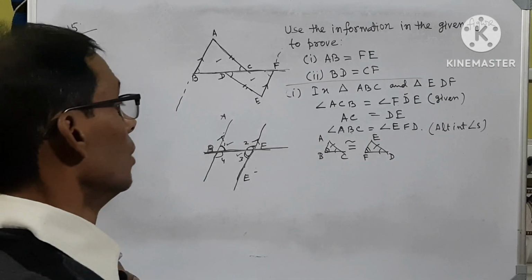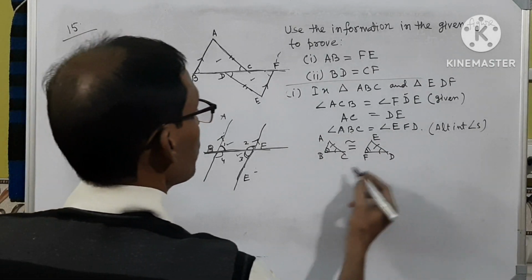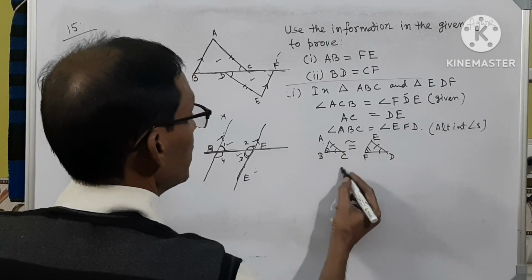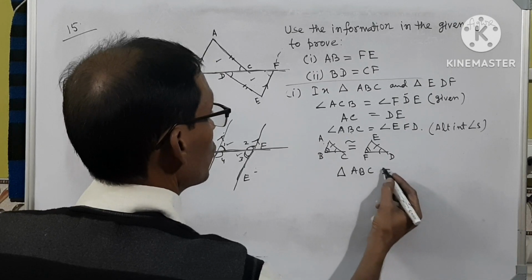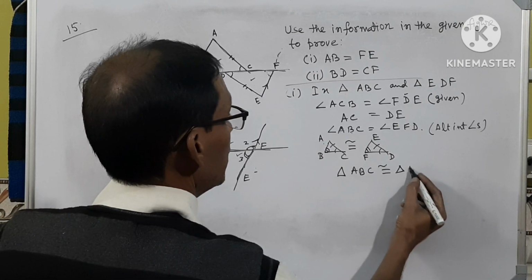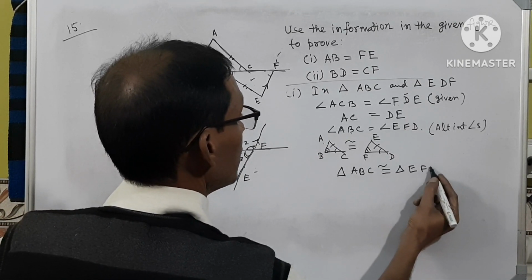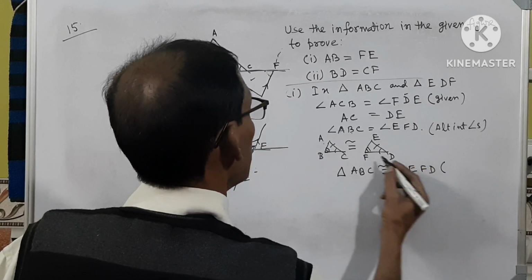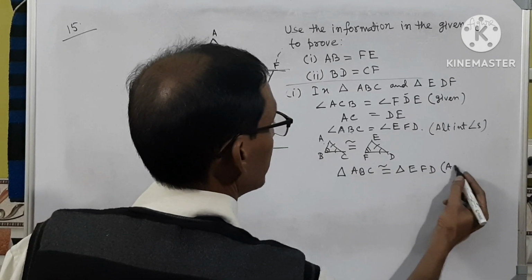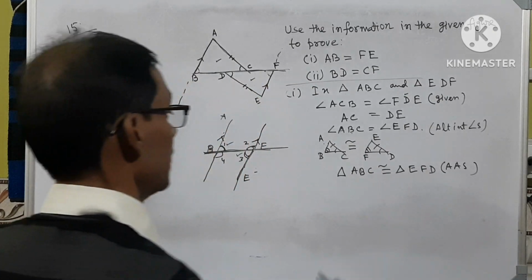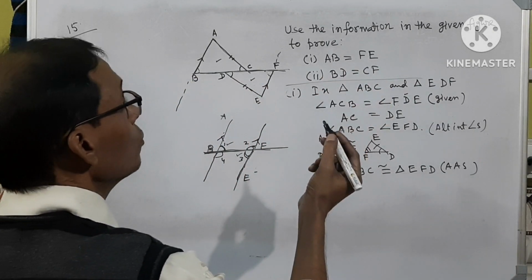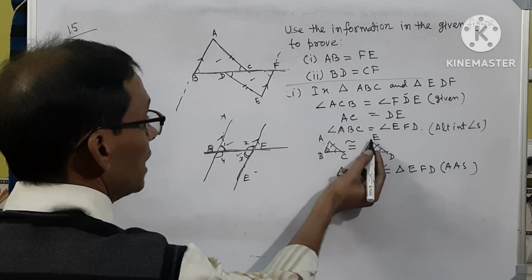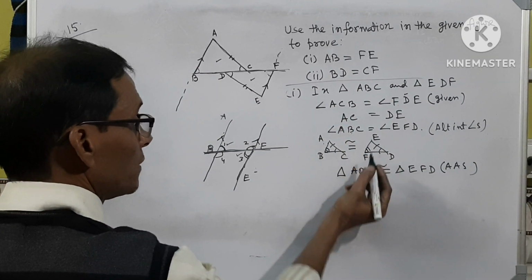So triangle ABC is congruent to triangle DFE by angle side criteria. You have to prove that AB equals FE, AB and FE, two corresponding sides.